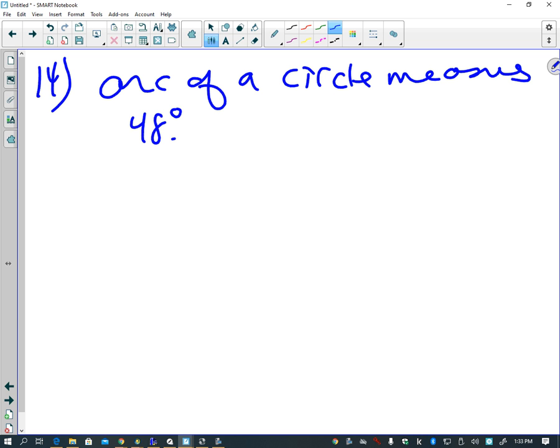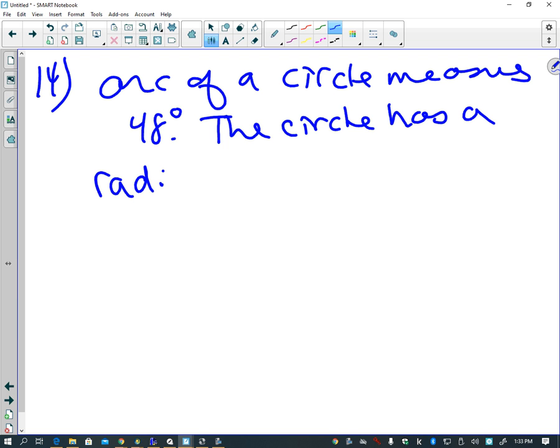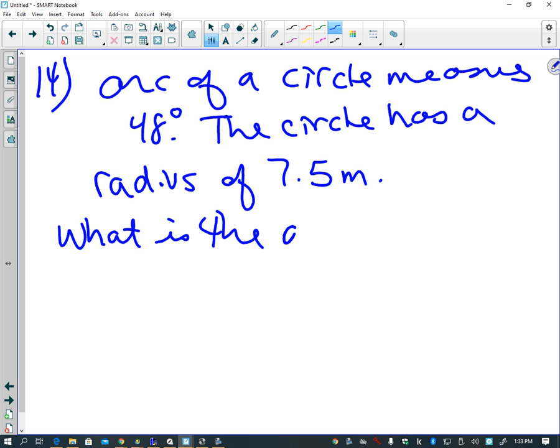The circle has a radius of, let's say, 7.5 meters. We want to know what is the arc length? And it wants it to the nearest hundredth.